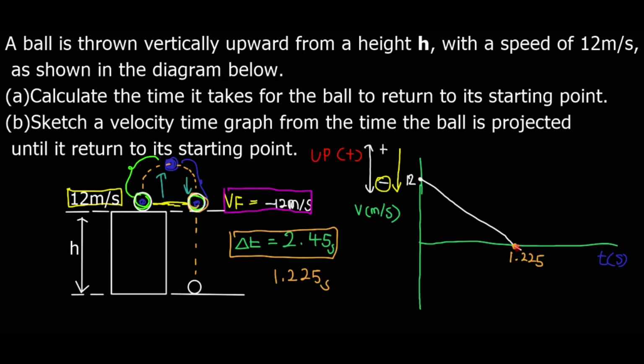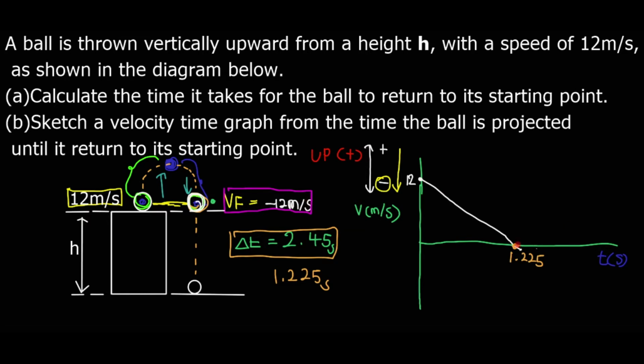And then the question is: sketch a velocity time graph from the time the ball is projected until it returns to its starting point. This object returns to the starting point, the same level as the starting point. So this object goes up and then comes back to this level. So we need the velocity at this level, and the velocity at this level is -12.